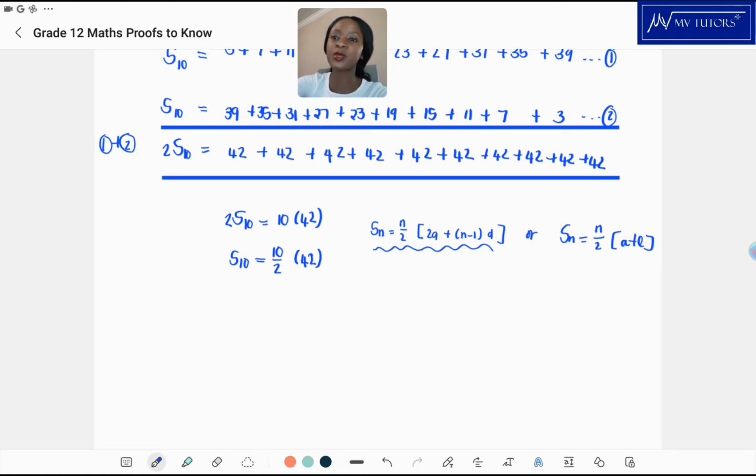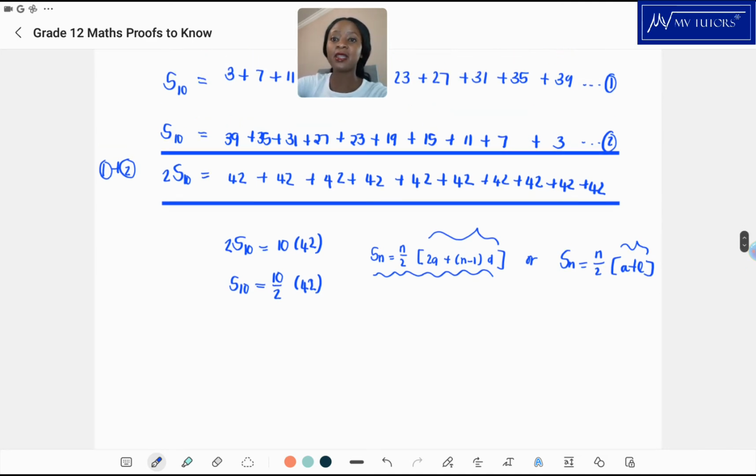Okay, so if you were to sum up everything in here, that would give you 42, or a plus l, that would give you 42. And that is true because the first term is 3 and the last term is 39, and 3 plus 39 is actually 42. Same here, if you're going to take the first term, which is 3, and you have 10 terms minus 1, that's 9, and the difference is 4, so 9 times 4 is 36, so basically that is 42.